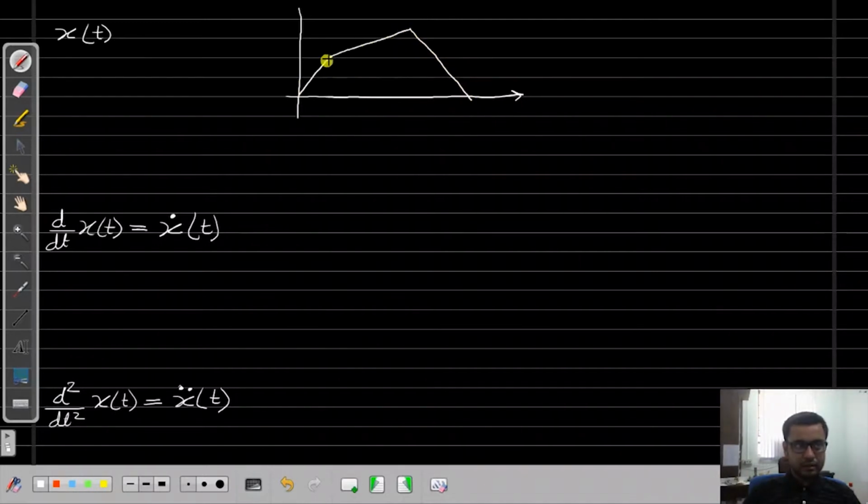This is a piecewise linear signal. Now, if I differentiate this signal with respect to time, I shall get something like this. X dot.